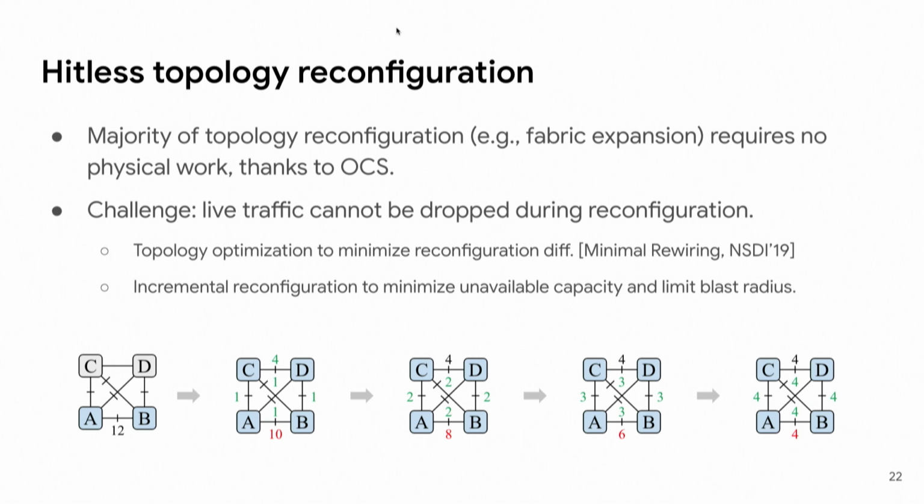Second, we carefully break down the already small topology diff to a still finer-grained sequence of incremental link moves, as shown in the example at the bottom. This incremental reconfiguration further minimizes the unavailable capacity at each reconfiguration step and limits the blast radius of each change.